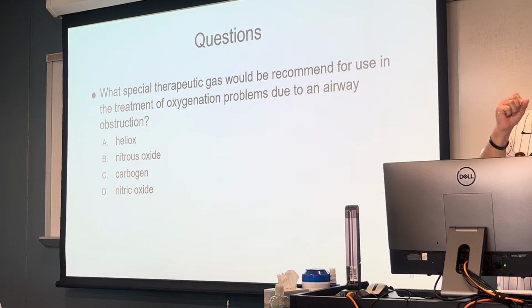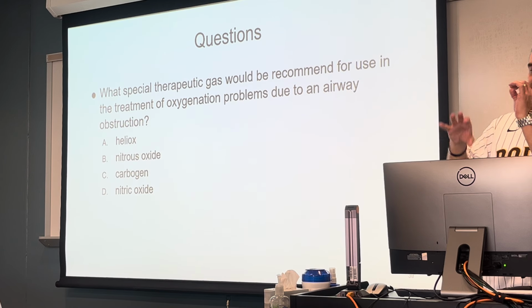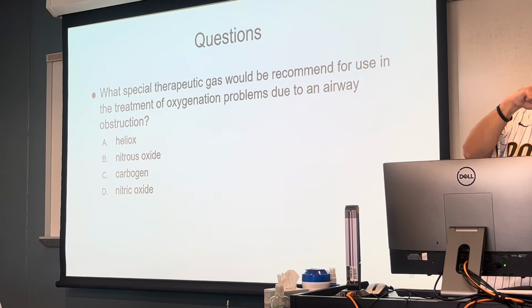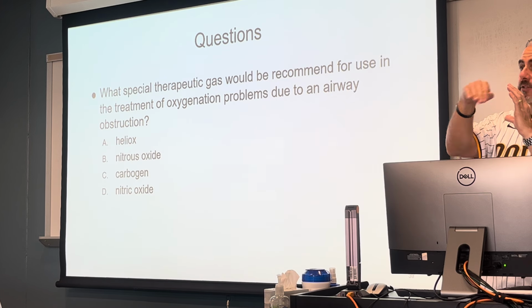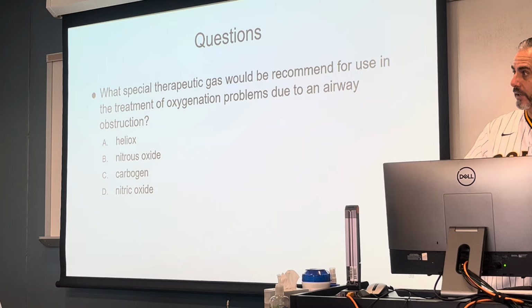I've used heliox on a patient before who had a cancerous tumor in the airway, and we were waiting for that patient to go to surgery to have that tumor removed. His airway was yay big, but this mass was really obstructing his airway, and he was having trouble oxygenating. So we had him on heliox to at least get oxygen past that obstruction area until they could take out that tumor in the OR.